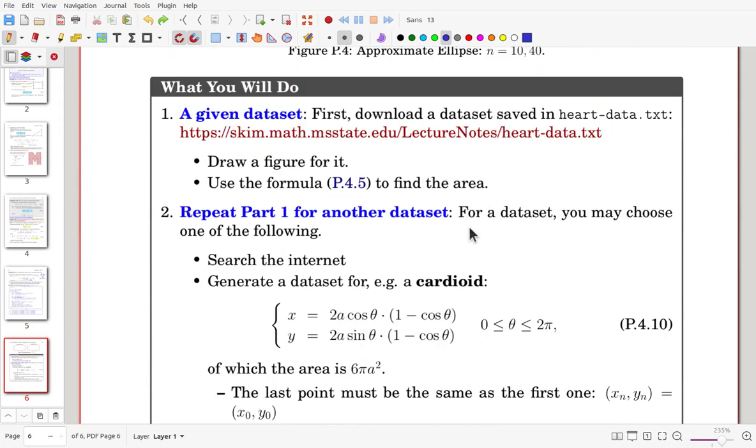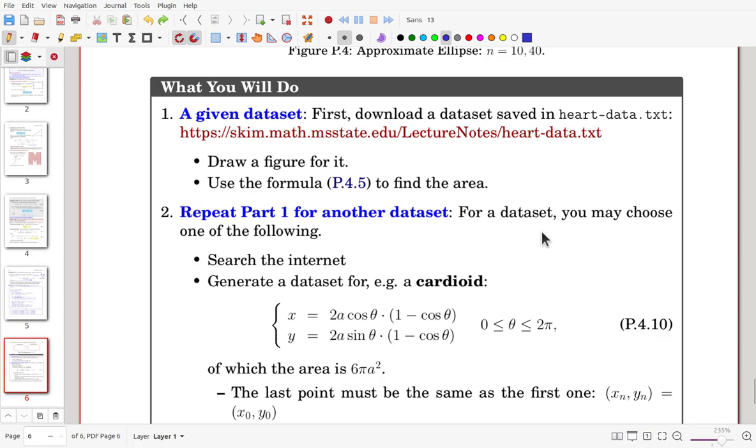Here is what you will do. Number one, data is given. So by clicking or by writing this on the web, you can download it. And after downloading this data set, you can draw a figure and use the formula to find the area.